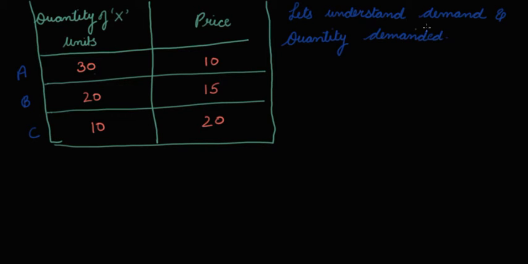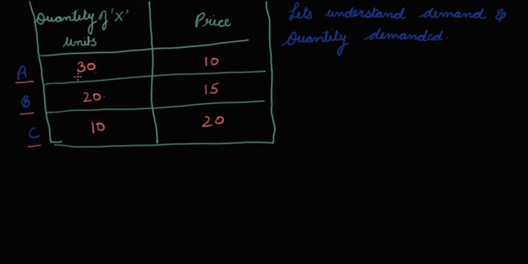Let's understand demand and the quantity demanded. At point A, the price is 10 and the quantity demanded is 30. At point B, the price is 15 and the quantity demanded is 20. At point C, the price is 20 and the quantity demanded is 10. So quantity demanded means a specific quantity to be purchased against a specific price.